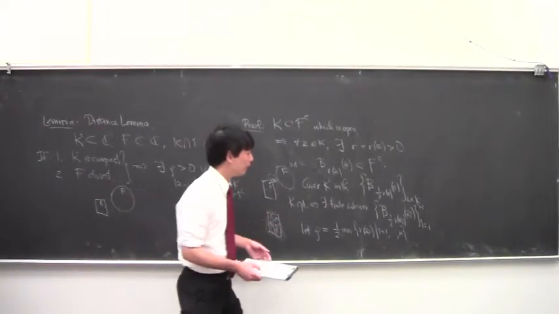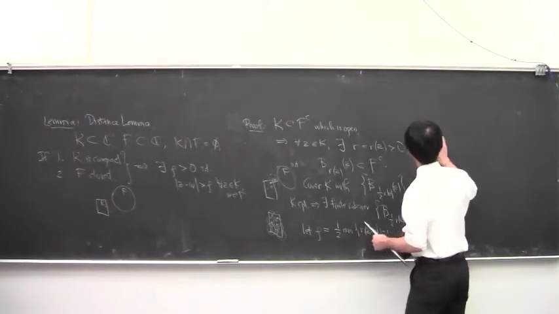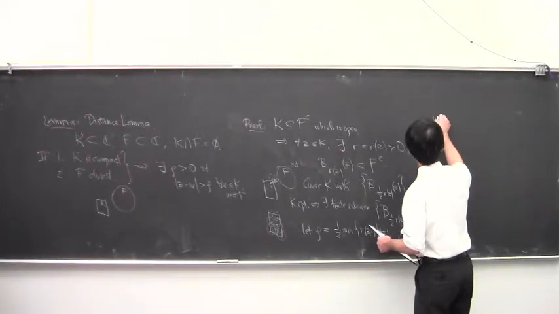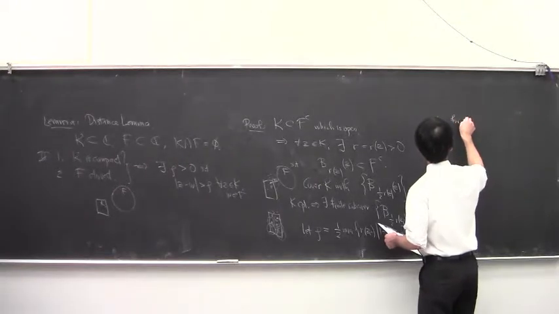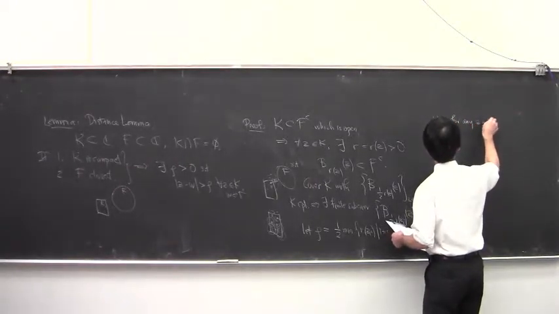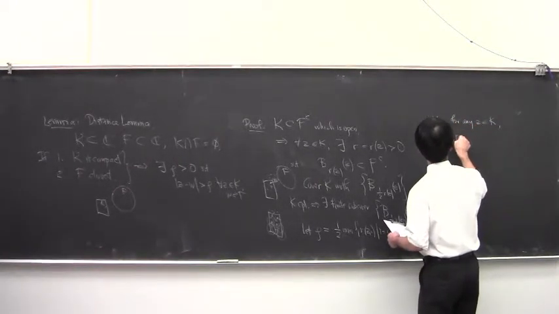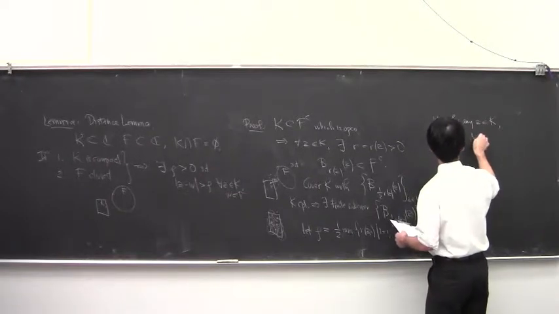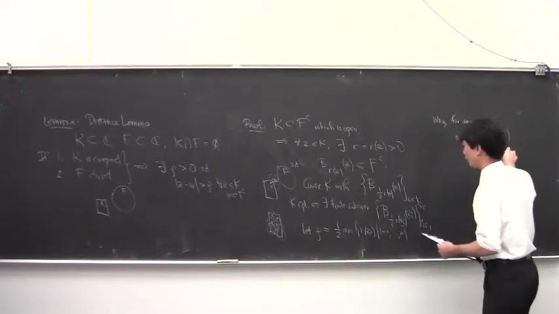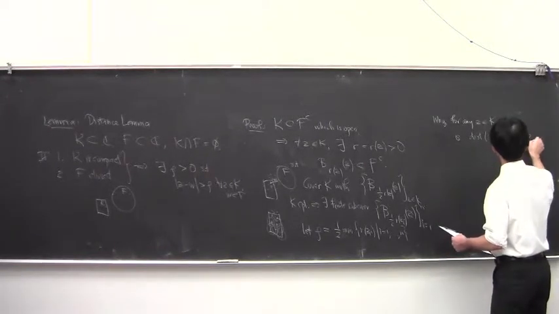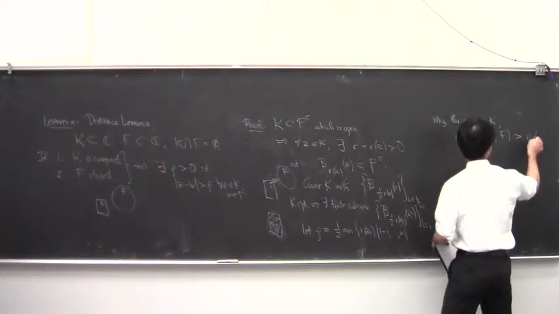Now why is it true? Can somebody tell me why, for any z in K, the distance from z to F is always going to be bigger than that rho?